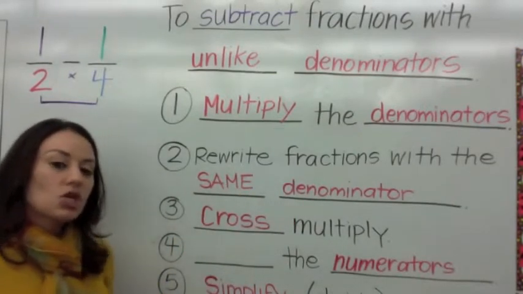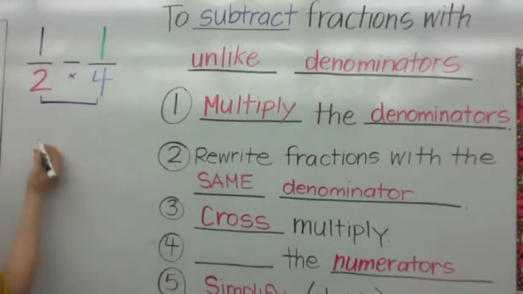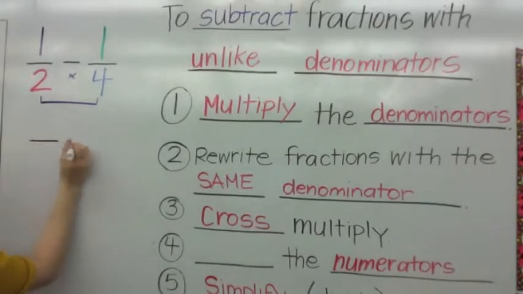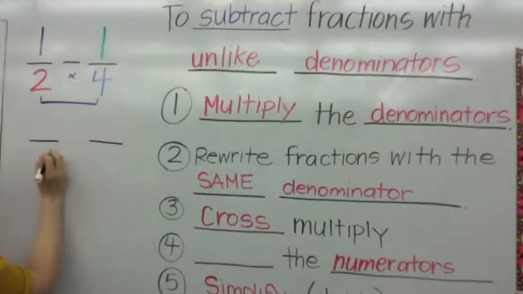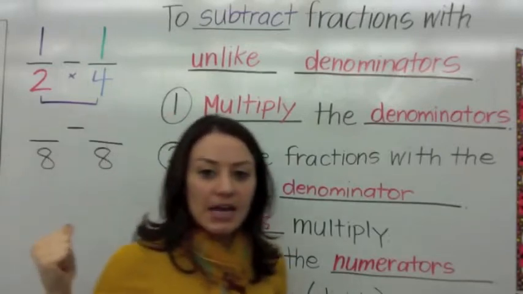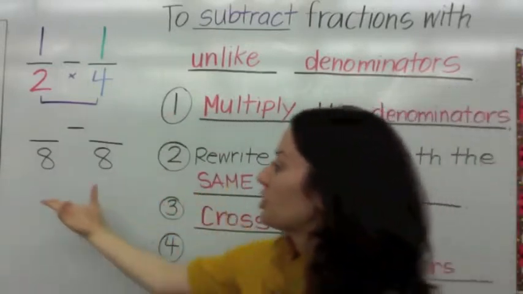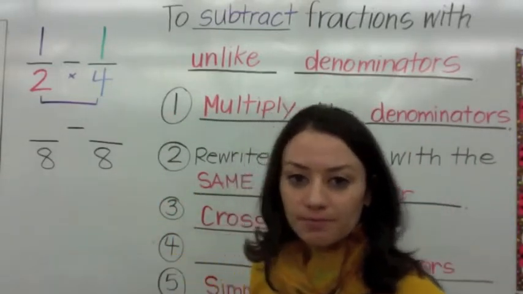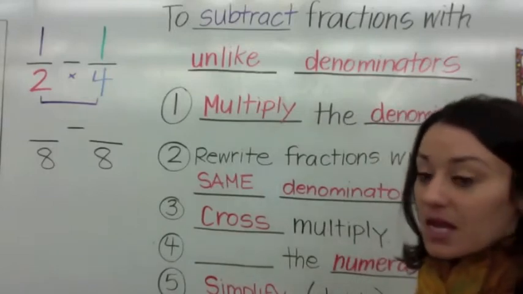So what is 2 times 4? 2 times 4, remember from yesterday, is 8. Now remember, what's different about today is we're going to subtract these fractions. So you rewrite them, so you have 2 fractions now with the same denominator, which is eighths.